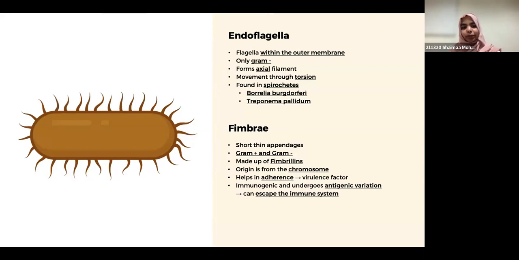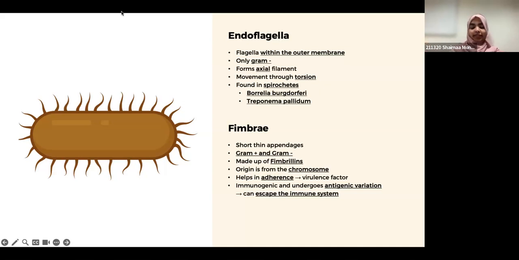Another thing very important about fimbriae is that they undergo antigenic variation. What does antigenic variation mean? What do you guys think antigenic variation means? Exactly. So they're able to change kind of their antigen. So for example, they had an antigen. Your body recognized this antigen, formed antibodies against this antigen.